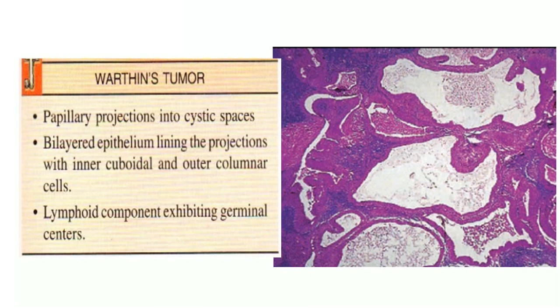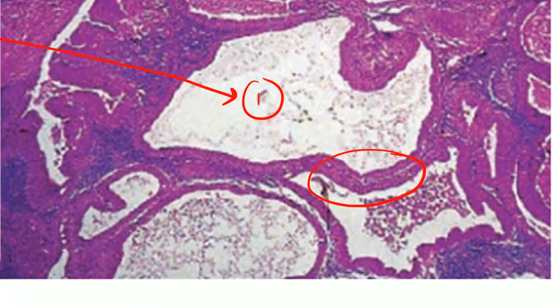So again, revising in this diagram, first of all, you can clearly make out nice cystic spaces. These are lined by papillary projections which are bilayered. If I was to zoom into this, you would see this is a cystic space with papillary projections and this is bilayered.